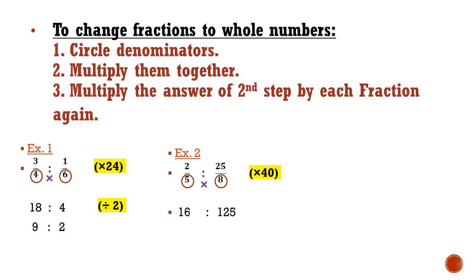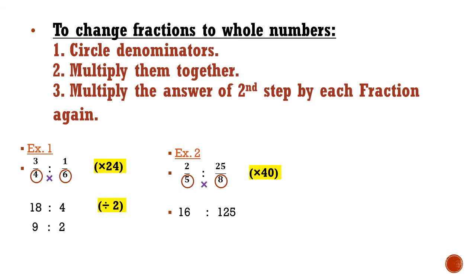Now we have an even and an odd number. We can't divide here by 2. Can we divide by 3? No, we can't. Can we divide by 4? 16 can be divided by 4, but 125 can't. Can we divide by 5? 125 can be divided by 5, but 16 can't.